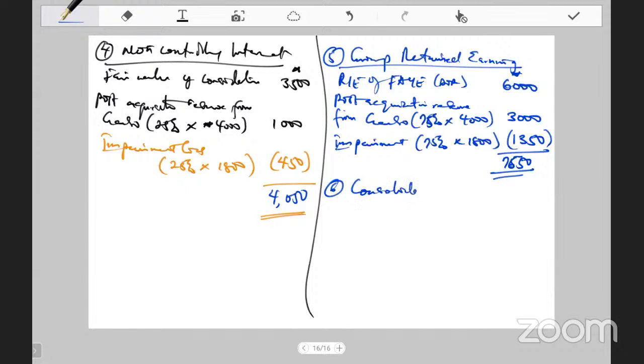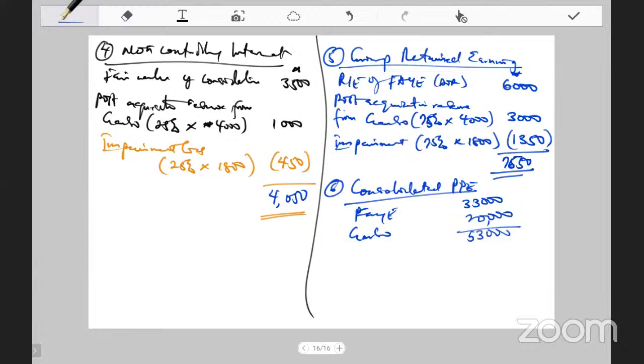So I need my consolidated PPE. What is the value for Faye? 33,000. What is for Gabon? 20,000. Any adjustment on the PPE? None. 53,000 total.